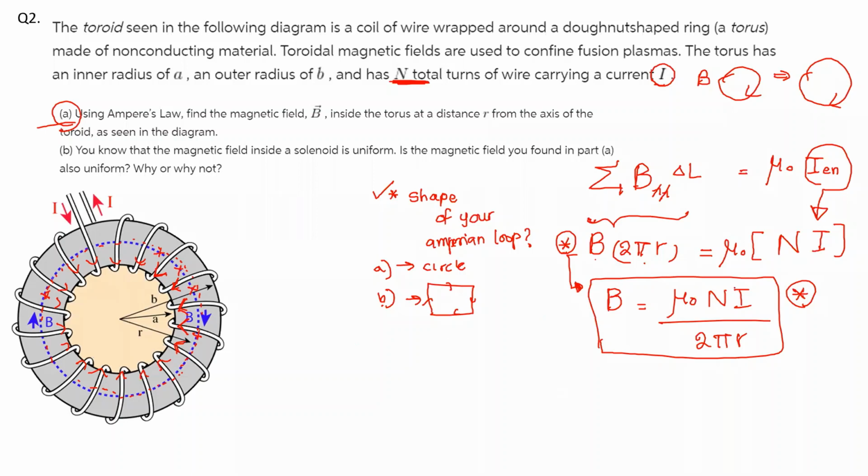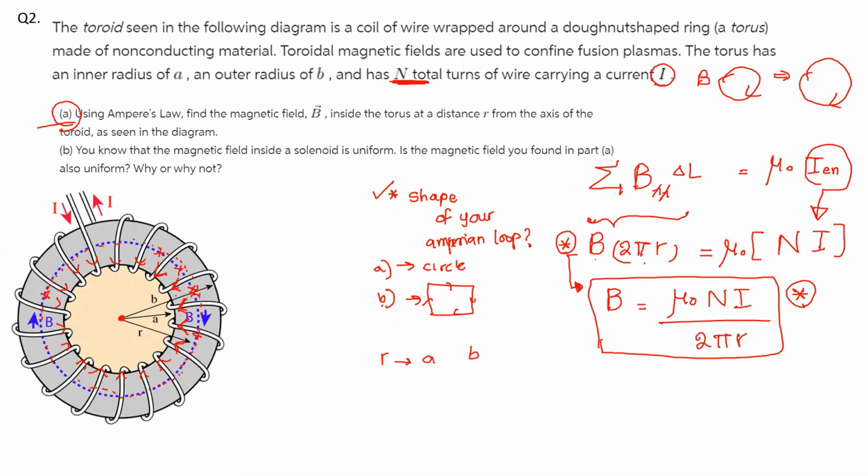So what is this r? This r is the distance from the center to the inside of your donut, right? This torus, donut-shaped thing. I'll call it the donut, so it's the distance to the donut. Can you see that r changes from A to B?